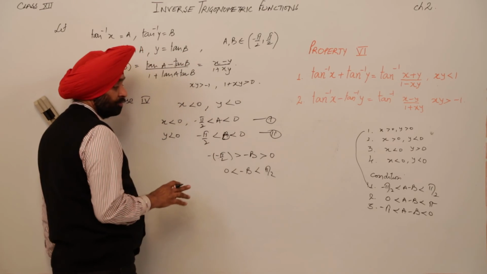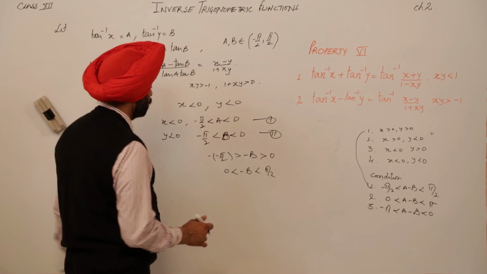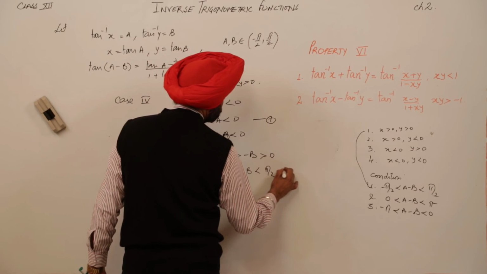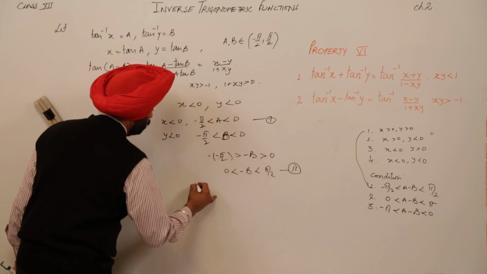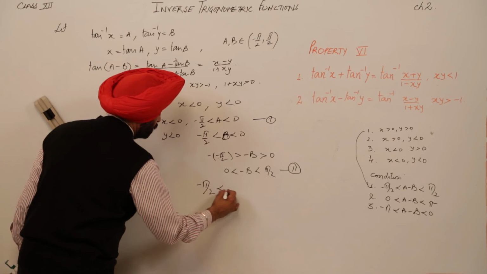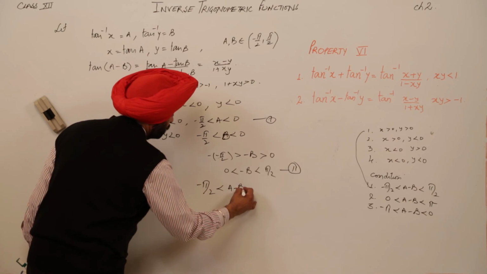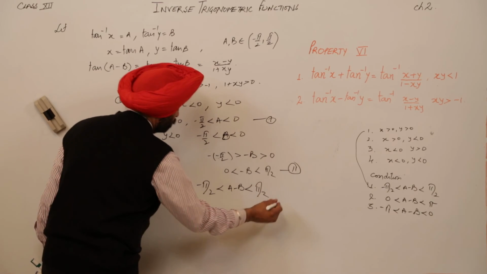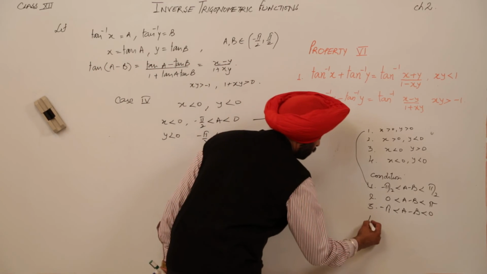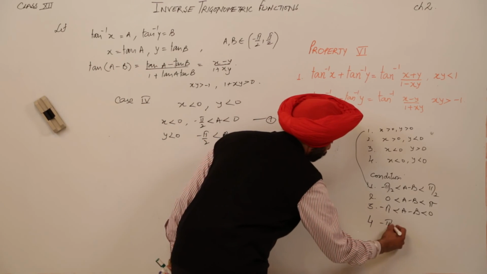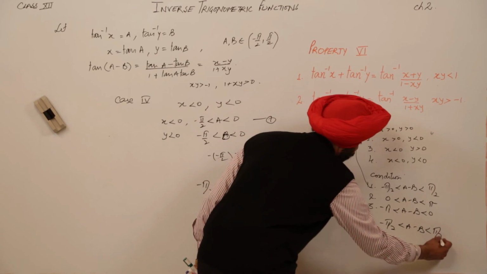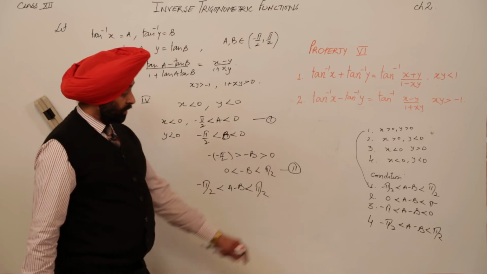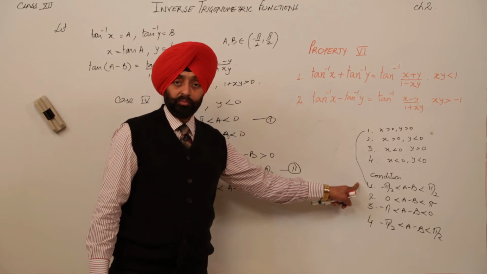Minus into minus becomes plus, so we are getting pi by 2. Now this is the second. Now adding first and adding second, we are getting minus pi by 2 is less than a minus b is less than pi by 2. Let me write it for condition number 4. We are having minus pi by 2 is less than a minus b is less than pi by 2. Now do you remember? This is the same thing we got in part 1.